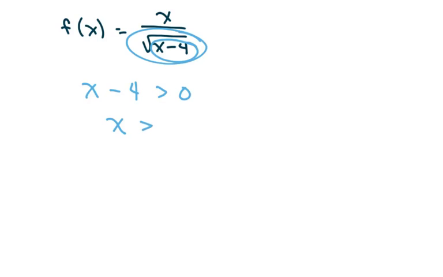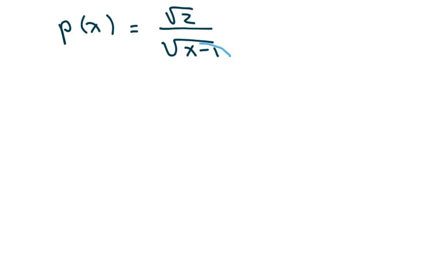So x is greater than 4. I'm just solving for x. So your domain is all real numbers such that x must be greater than 4. If it was 4, it would be 0. So it could be 4.001, 4.002, but it can't be exactly 4.